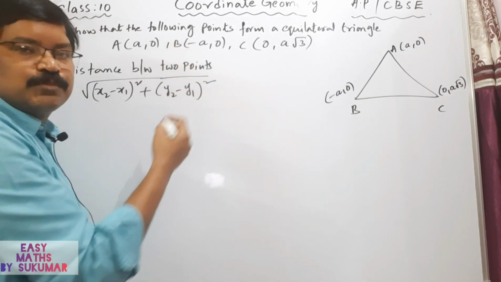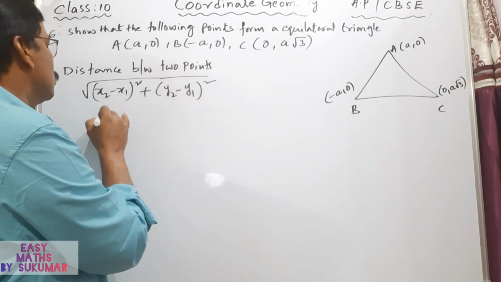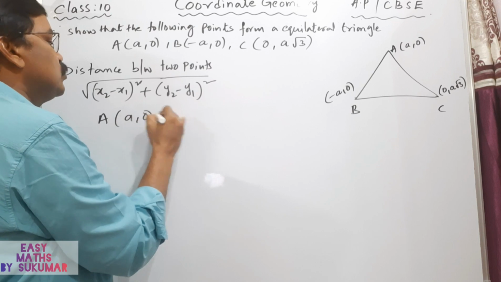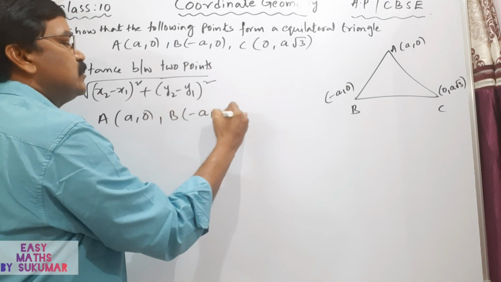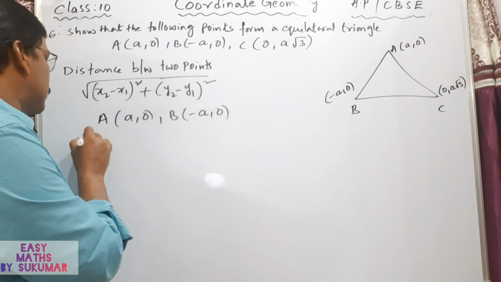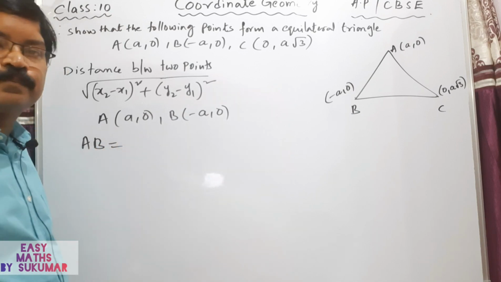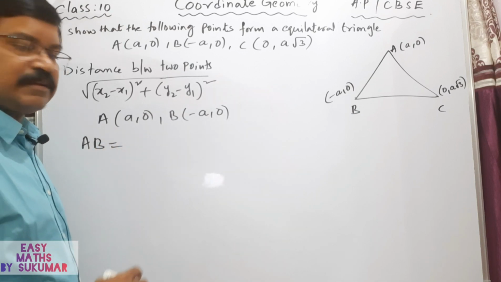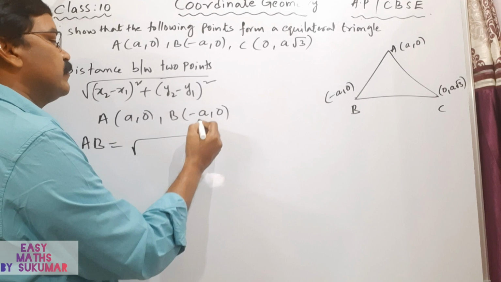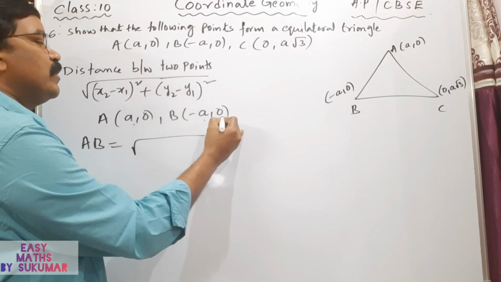Let us find the distance between A and B here. A is (a, 0) and B is (minus a, 0). That means AB is equal to the root of (x2 minus x1) whole square plus (y2 minus y1) whole square.